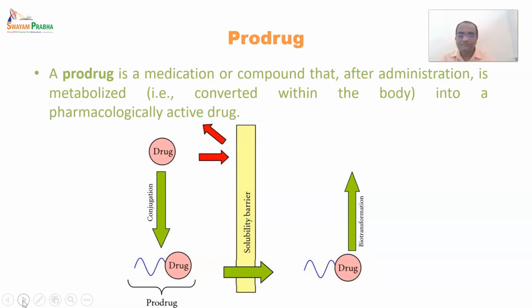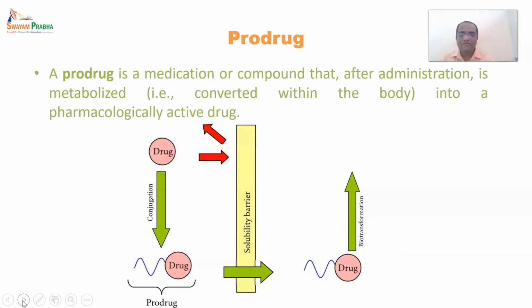As it crosses the solubility parameter, or the membrane, or goes through some biological fluids, there is biotransformation. Biotransformation and metabolism are the same thing: an alteration in the structure.